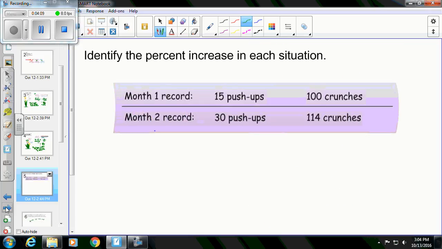So, let's identify the percent increase in each situation. Remember, our amount of change, we subtract the two numbers, and our percent of increase is equal to our change over our original. So, percent of increase equals my amount of change over my original amount.